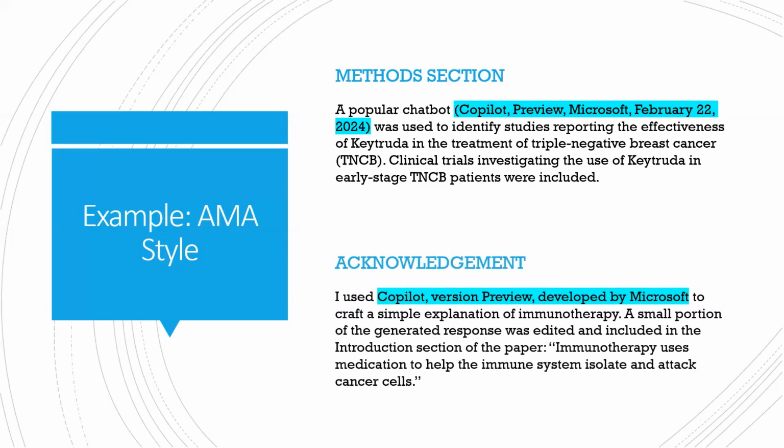So in the case of reporting in the acknowledgments, the AMA manual instructs authors to include a description of the content that was created or edited, and the name of the tool, the version number, and the manufacturer. So this is my stab at that. So I used Copilot version preview developed by Microsoft to blah, blah, blah, blah.